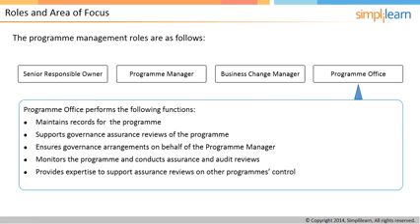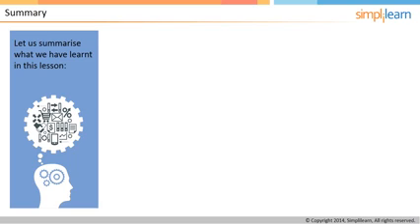The Program Office maintains the records for program and supports governance assurance reviews. It will ensure all governance arrangements are in place on behalf of the Program Manager. The Program Office will also monitor the program and conduct assurance and audit reviews. It will assist programs and constituent projects by providing expertise to support assurance reviews on other programs' control.